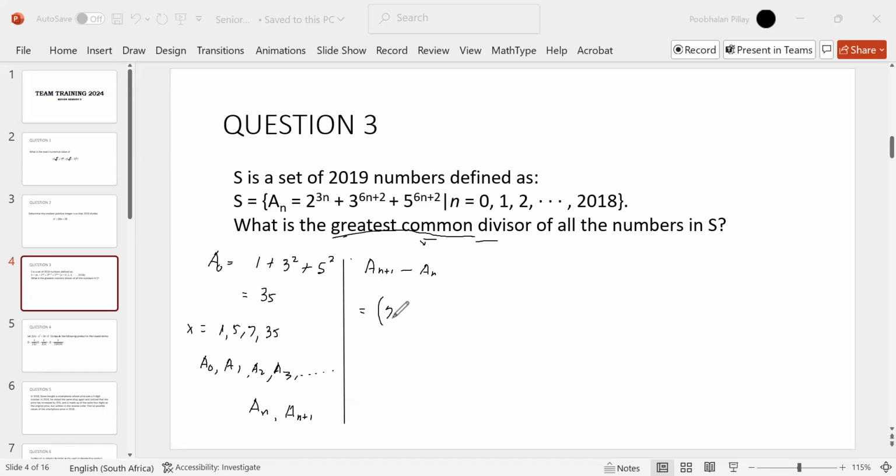So you got 2 to the power of 3 into N plus 1. I'm going to write that down straight away. 3 into N plus 1 is 3N plus 3. Plus 3 to the power of, I'm going to replace this by N plus 1. So what do I have? 6 into N plus 1. That gives you 6N plus 6.